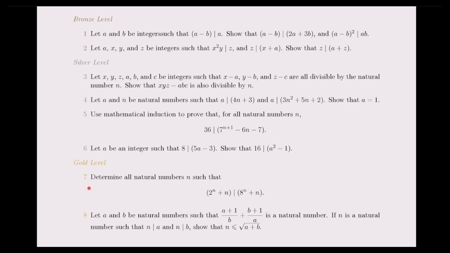And this one might be considered gold level, harder level. But of course, these levels of difficulty are not comparable to the math competitions. I will probably make another playlist so that you will find more problems from real competitions.